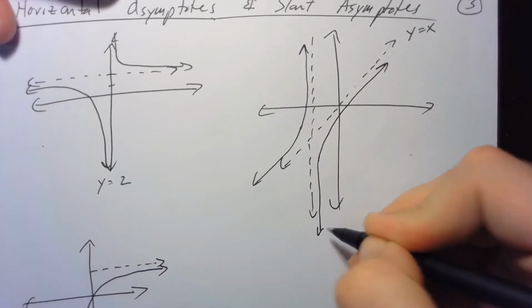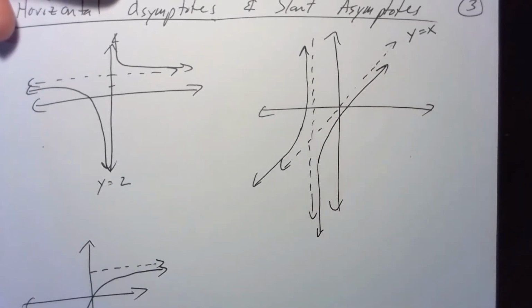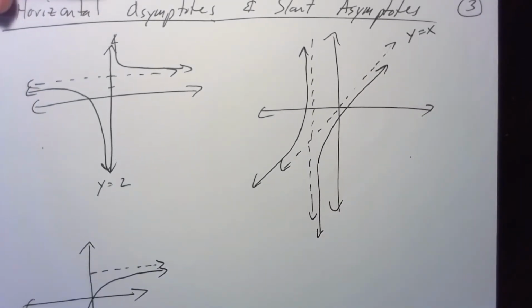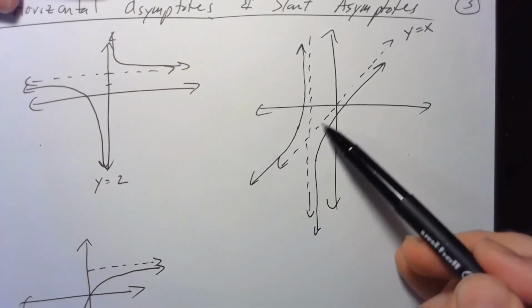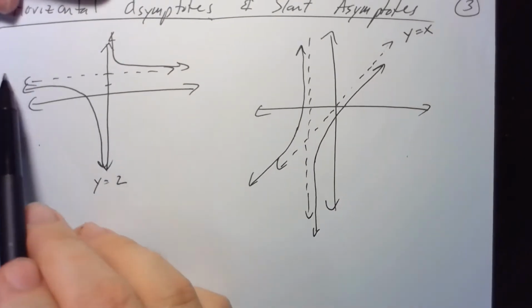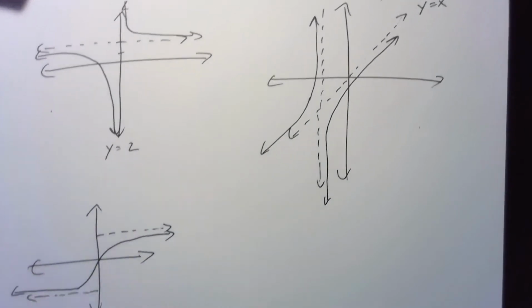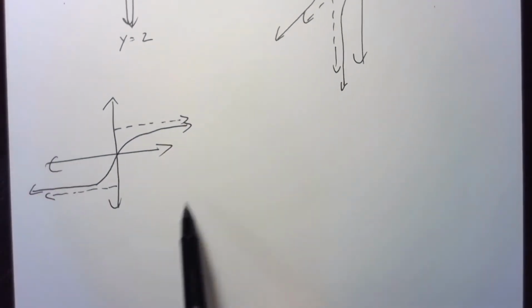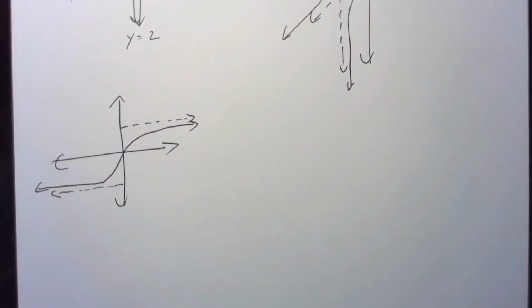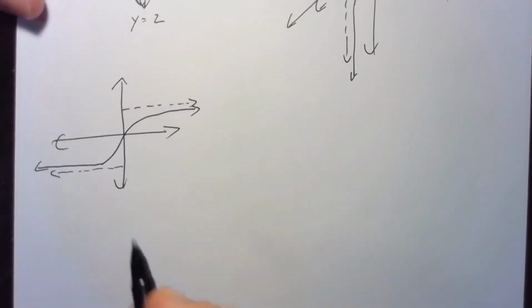So you'll notice again that the vertical asymptote exists. There can be more than one vertical asymptote, but there will only ever be either one slant asymptote or one horizontal asymptote. These cases down here are extremely special cases where the algebra is a bit more complicated to deal with, and they don't appear very often in pre-calculus.